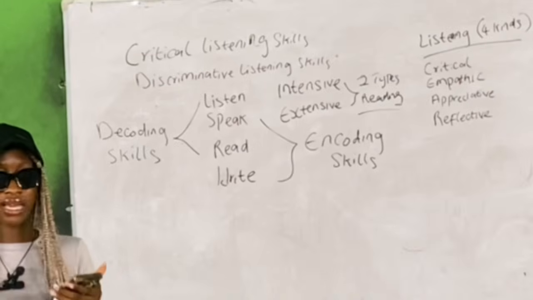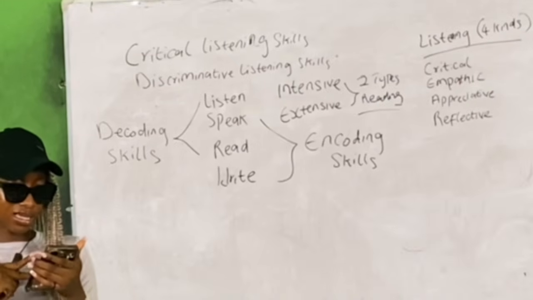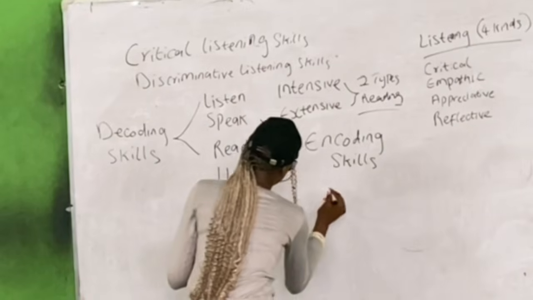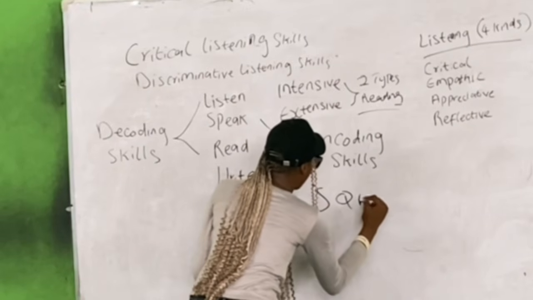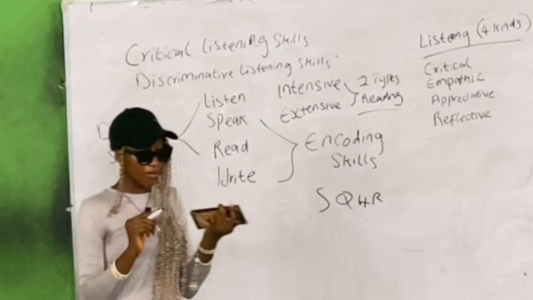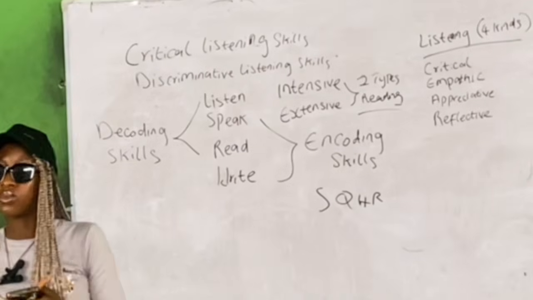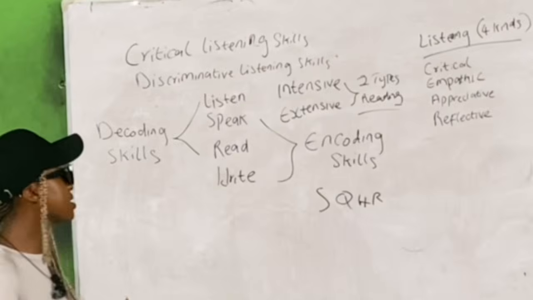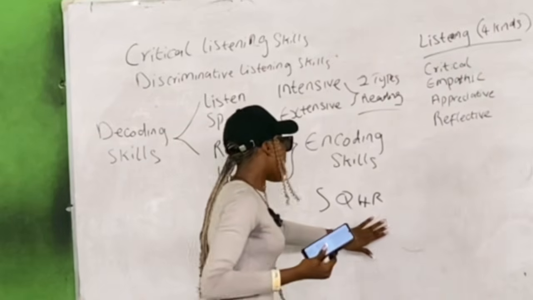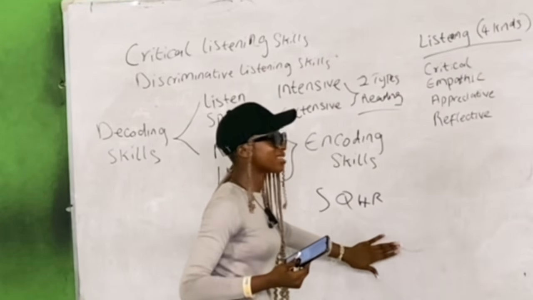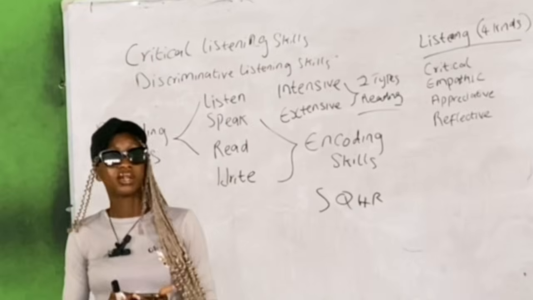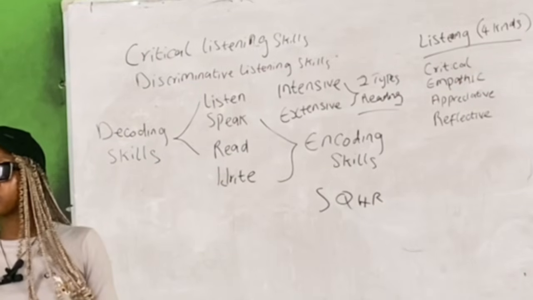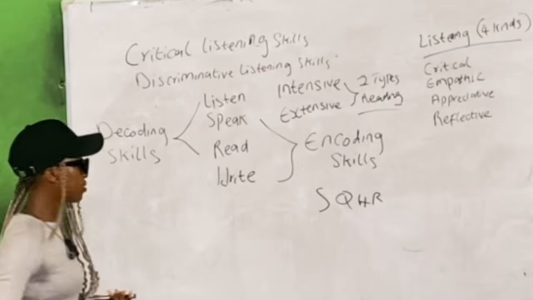Please, if you have data, check what this is. I remember seeing this question in my GS. Somebody help us and check it up. I think the R's are like reading, reciting, something like that. Have you seen it? Okay, please help me.